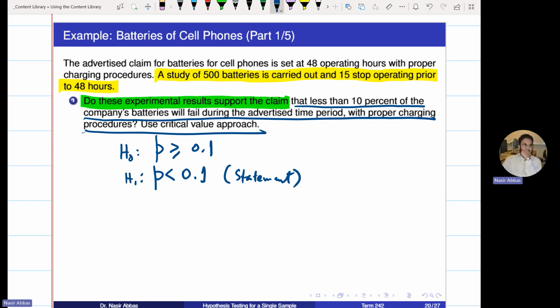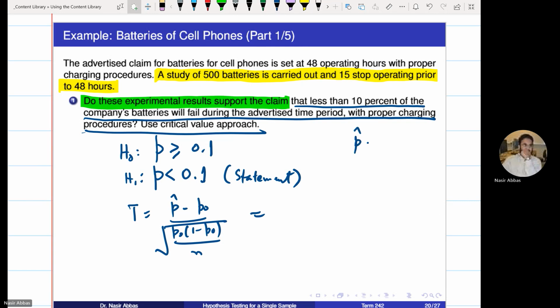Go to the formula sheet and look for the test statistic. It is P hat minus P naught over the square root of P naught times 1 minus P naught over N. What is P hat from the data? What is the data saying? What was the proportion of batteries that failed before 48 hours in your sample? 15 over 500.